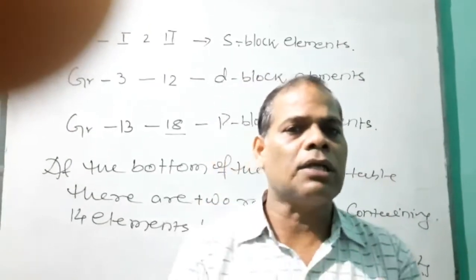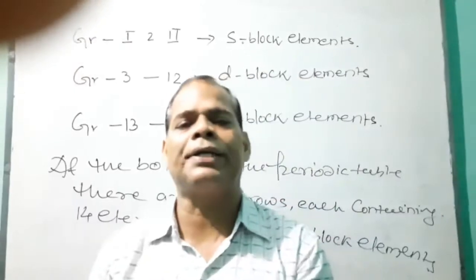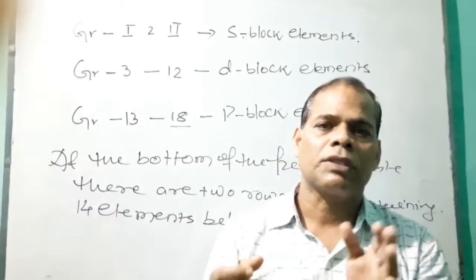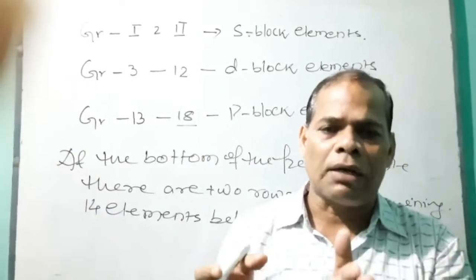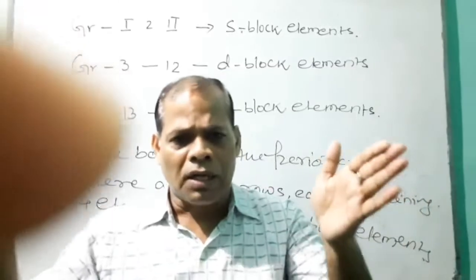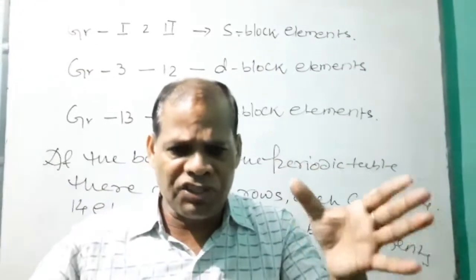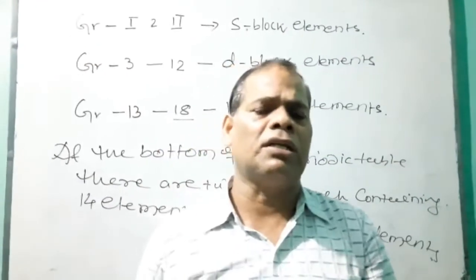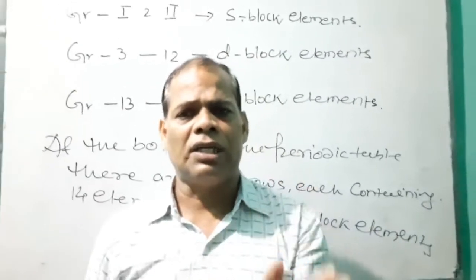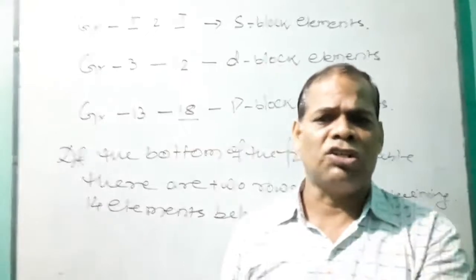These metals and non-metals are separated by a zigzag line, and those elements which differentiate between metal and non-metal are called semi-metal, like silicon, germanium, tellurium.